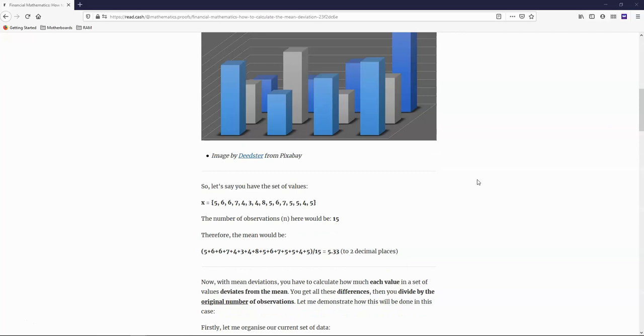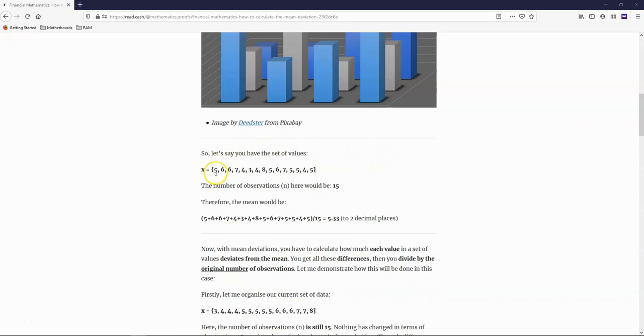Now, to get the mean deviation for a set of data, you first need to find the mean for that set of data. Let's say we have the data set 5, 6, 6, 7, 4, 3, 4, 8, 5, 6, 7, 5, 5, 4, 5 with 15 observations, because there are 15 numbers in this data set.